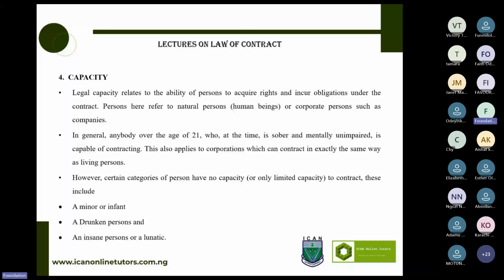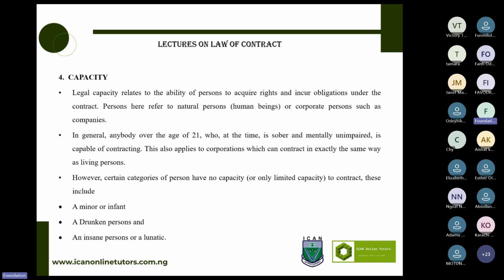Now, the law is saying that for you to be capable, you must be of age capacity. You must be psychologically balanced. Your mindset must be balanced at every point in time. You must not be intoxicated. So when you're entering into a contract, you are not a minor, you are not intoxicated, acting out of alcohol, and you are mentally okay.